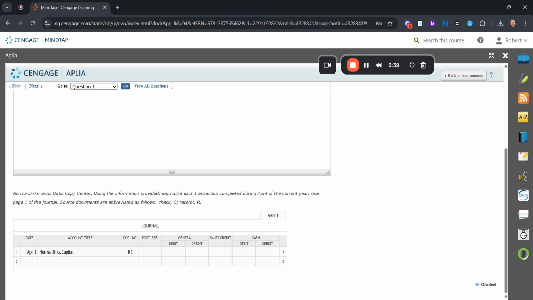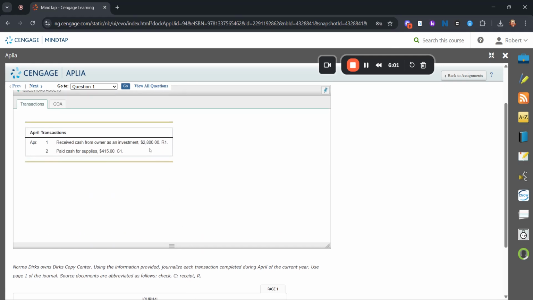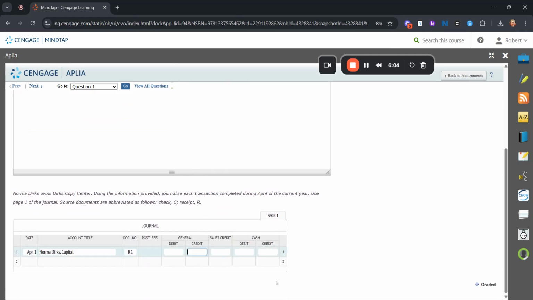Now we've got our capital account under that owner's equity that's on the right side of the equal sign on that accounting equation. Remember, on the right side of the equal sign, any increase in value is categorized as a credit. So we'll put $2,800 in as a credit.